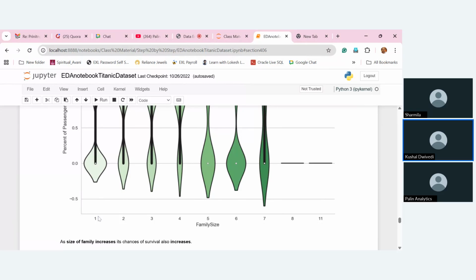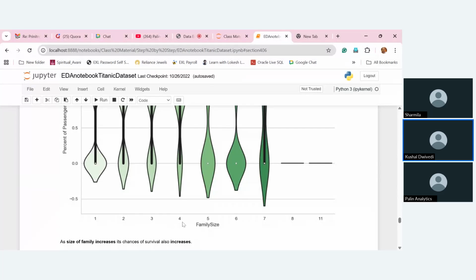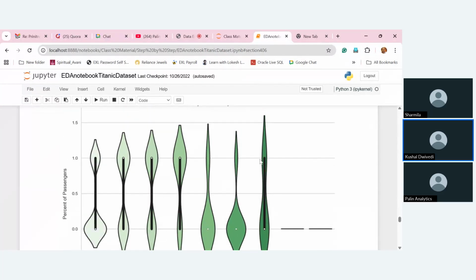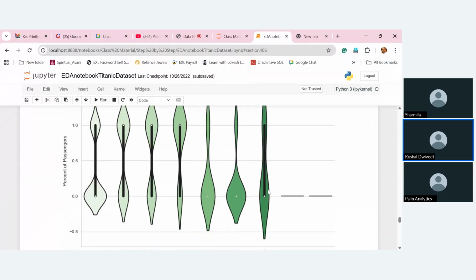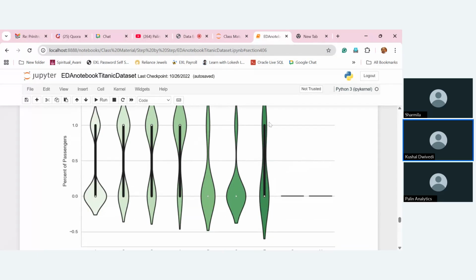Here you can see almost at the age of 0 to 10, there were more people who died in comparison to those who survived. In the case of people aged 60 to 70, you can see very few people who survived or who died. That may be because there are very few people of old age, so you cannot see many people died at this age.